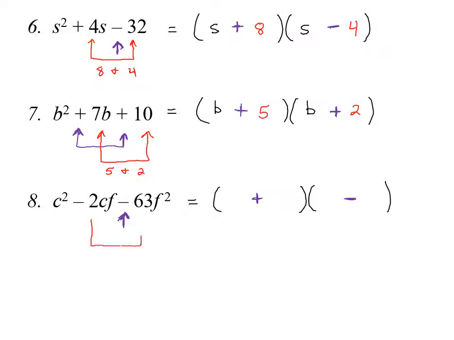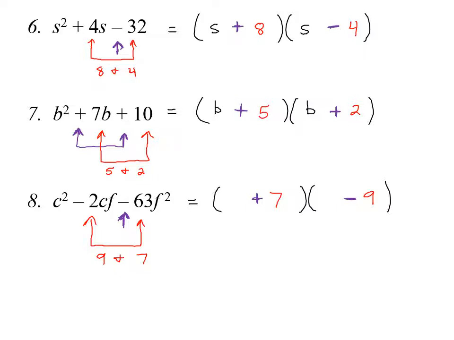So you're looking at these last two numbers. You need two numbers that multiply to 63 that either add or subtract to give you 2. So that would be 9 and 7. 9 times 7 is 63. 9 minus 7 is 2. Since the 2 is negative, the bigger number gets the negative, and the smaller number will get the positive.